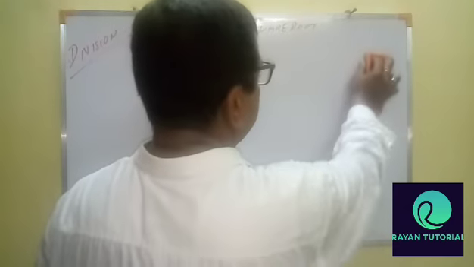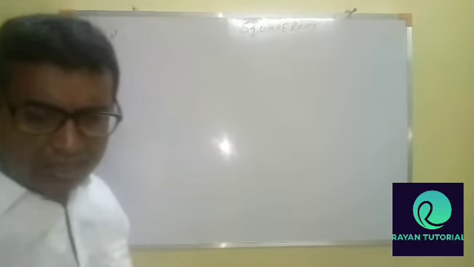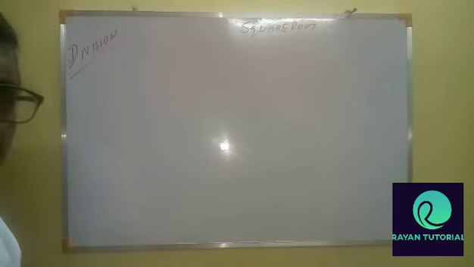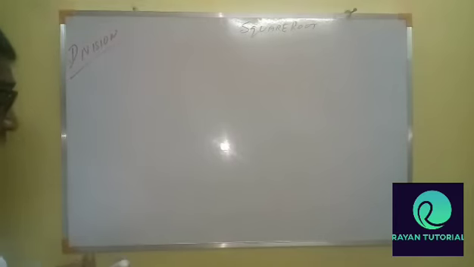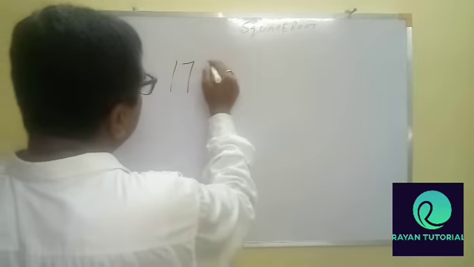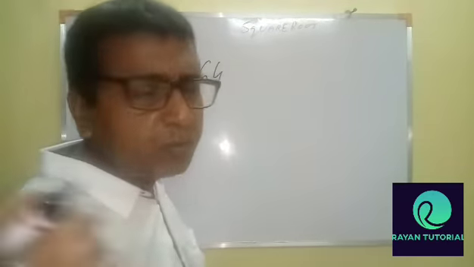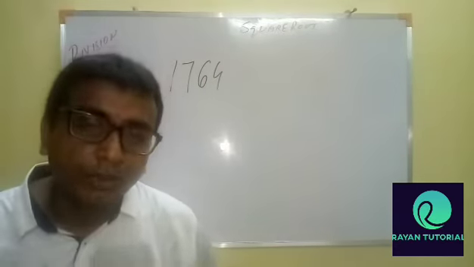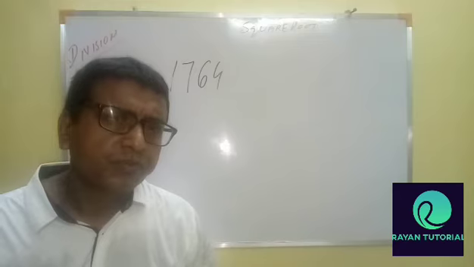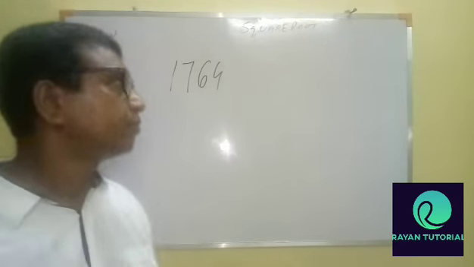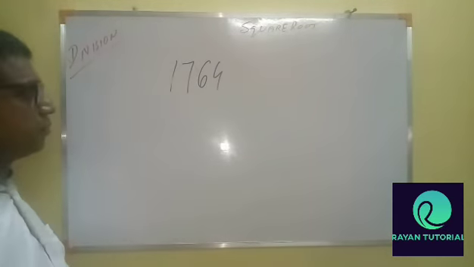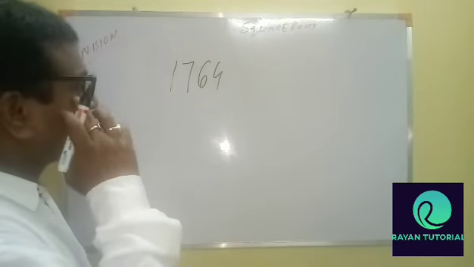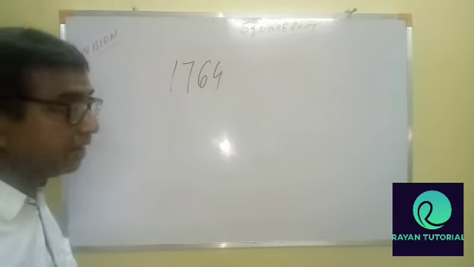What else? Just now what number did I do? 1764. Now suppose I put a decimal here. Now what should I do? Same thing. Pair from the end.